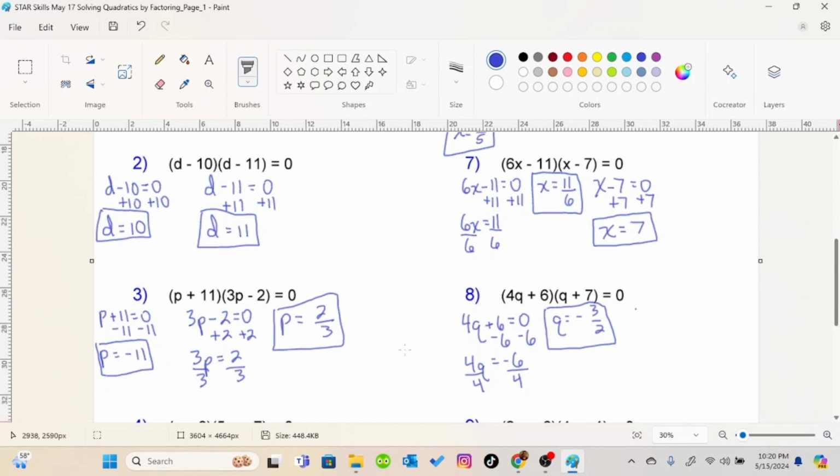Or you set the second factor, q plus 7, equal to 0. You subtract 7 from both sides, and you get the second answer, which is that q equals negative 7.